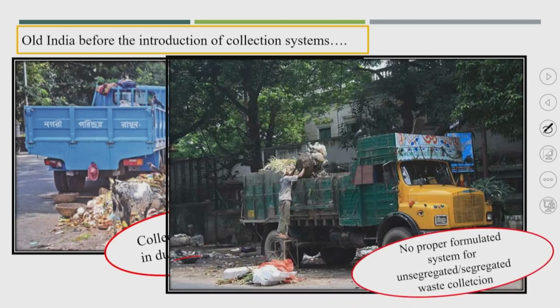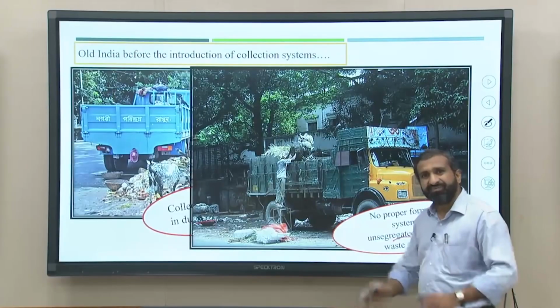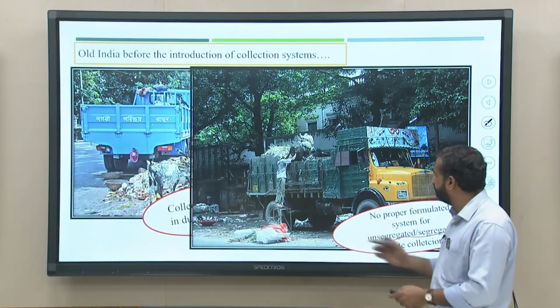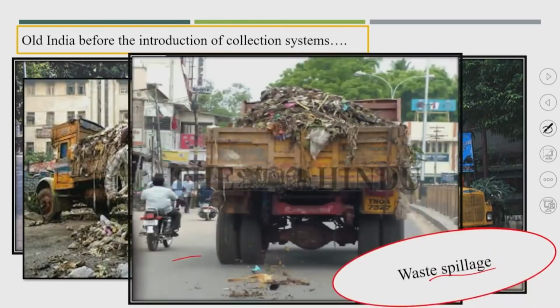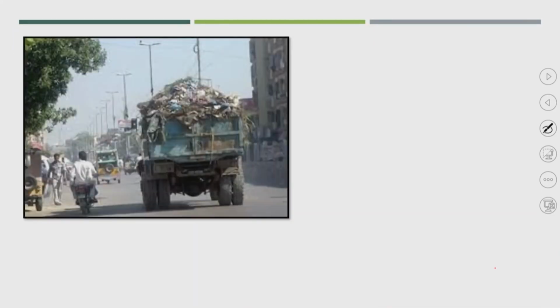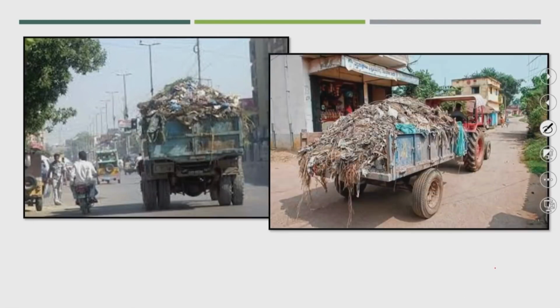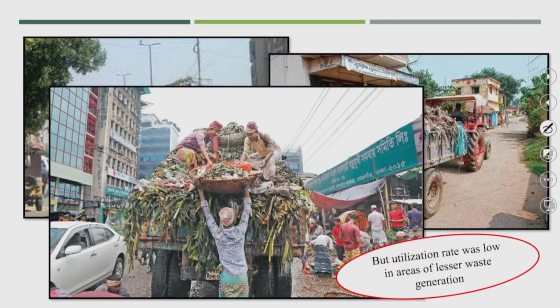There was no proper segregation, so the entire waste was combined, commingled or mixed waste, and there were a lot of aesthetic issues earlier. Waste spillage was another problem when it was transported by the same vehicle on the roads. In small cities, even tractors were used for the collection of waste.